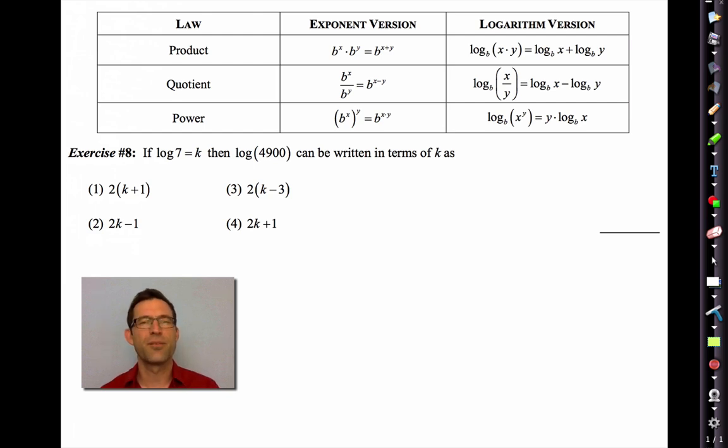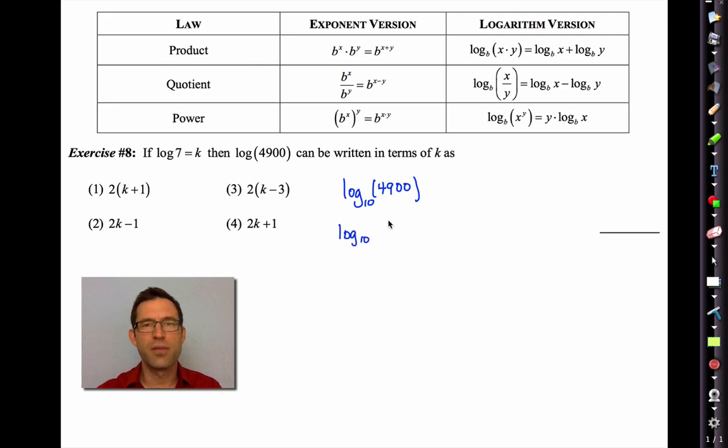Okay, let's take a look. If the log of 7 is equal to k, then the log of 4900, apparently I just cleared the page again, can be written in terms of k as what? Wow. All right, well, let's take a look at this log of 4900. By the way, did you notice we're log base 10 here?